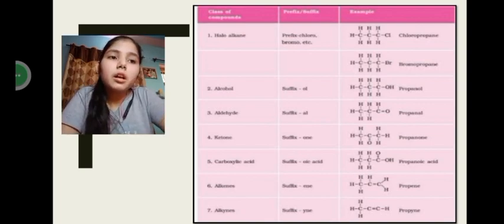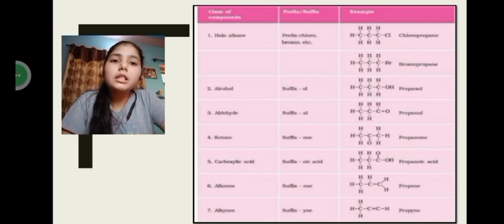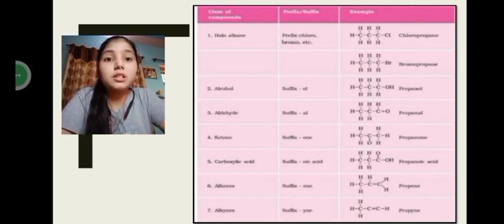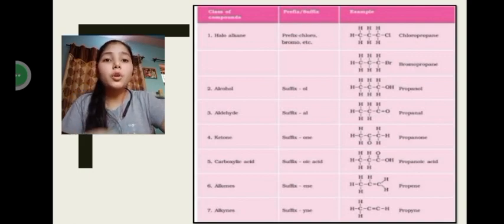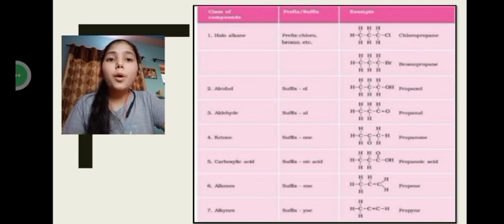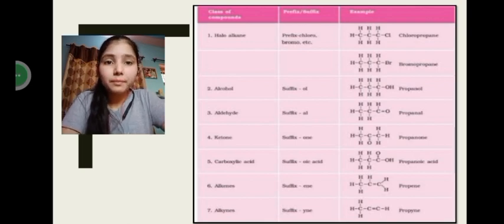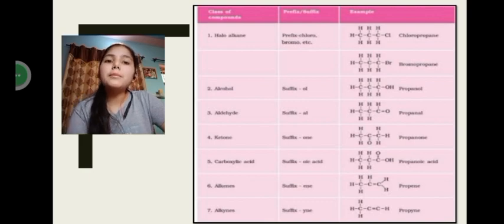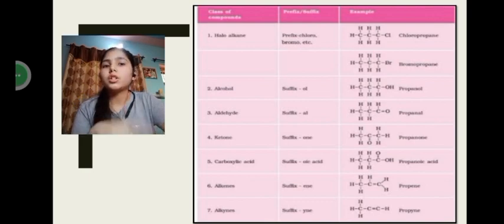So what is the suffix added to it? The suffix is al. We pronounce it as al. Propanal, butanal, pentanal, methanal.